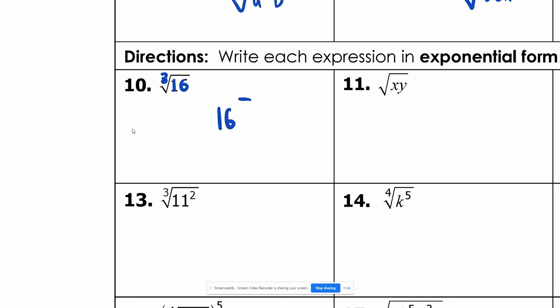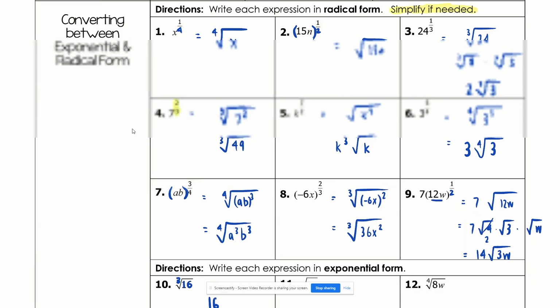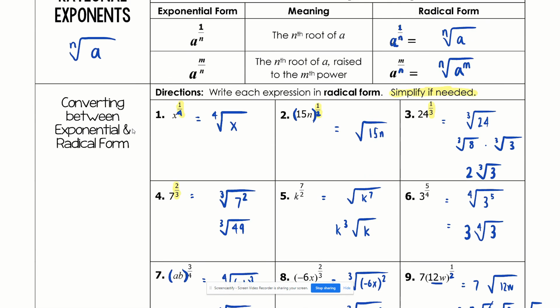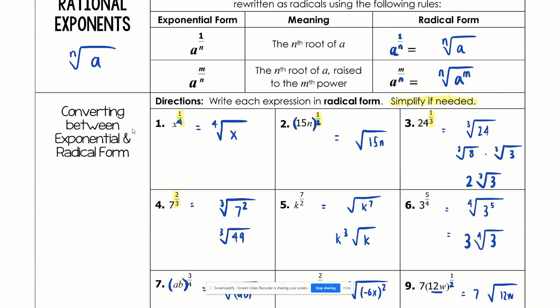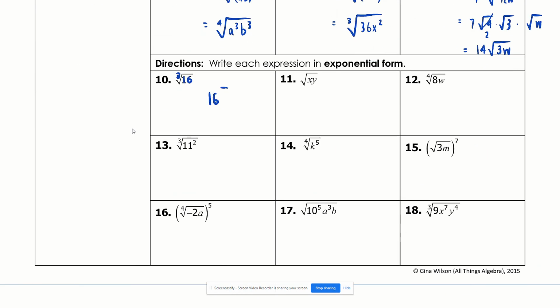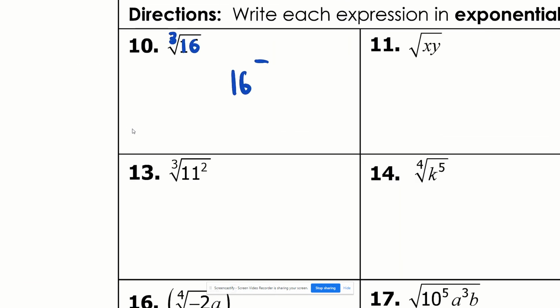What did we say a minute ago? The root is the denominator of your exponent. The denominator is the root. So this has to be cube root, so the denominator has to be 3. Now, was that 16 raised to a power? Absolutely not. So a 1. So this is 16 to the 1/3 power.